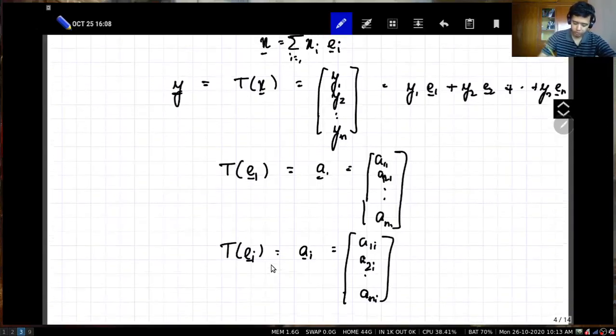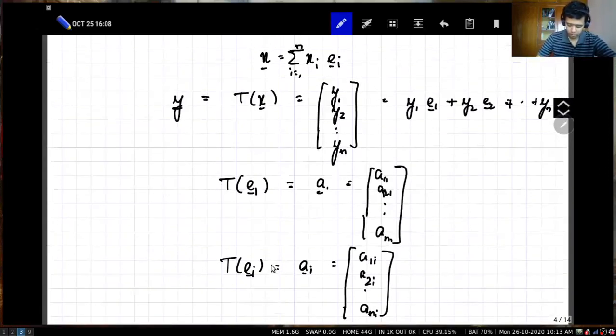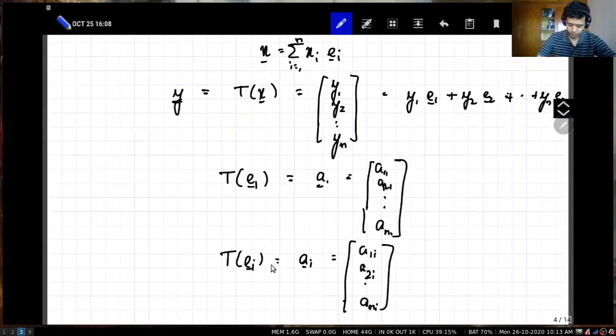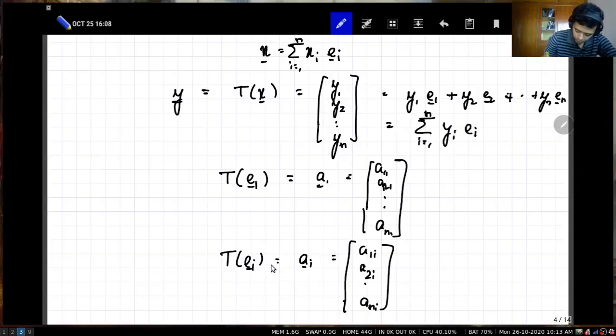In general, T of x is T of the summation of xi ei, i going from 1 through n, and y is the summation of yi ei.